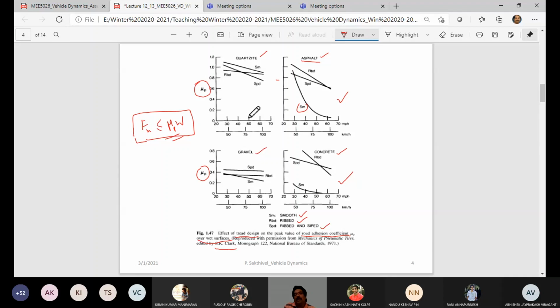So the influence of the tread design is not much pronounced on these two road surfaces. But when you look at road vehicles, these are the two roads that you would commonly encounter. So this is some of the results that come. It shows the influence of speed and design of tread for your wet surface characteristics.